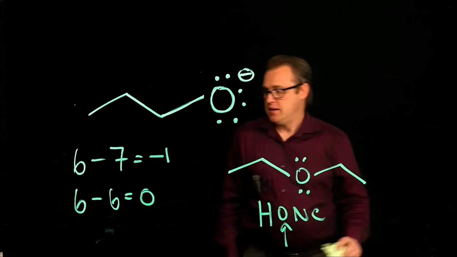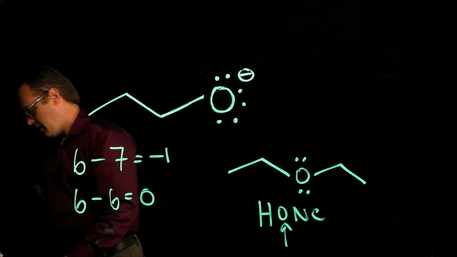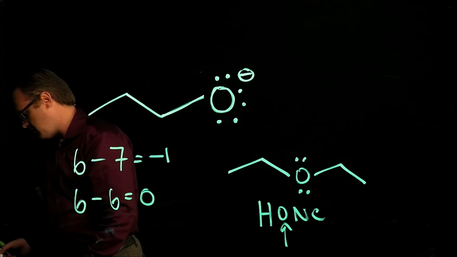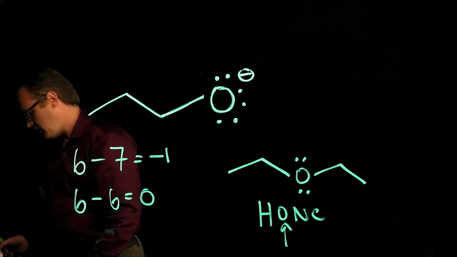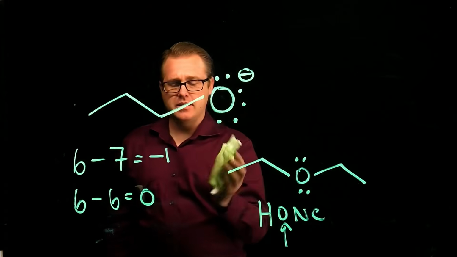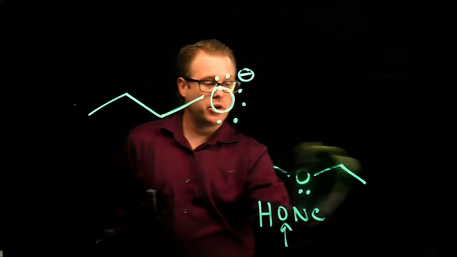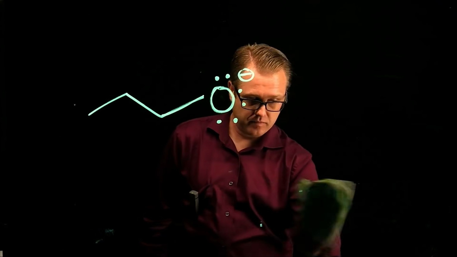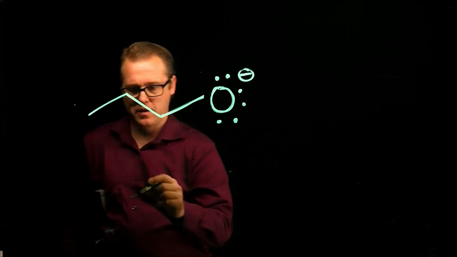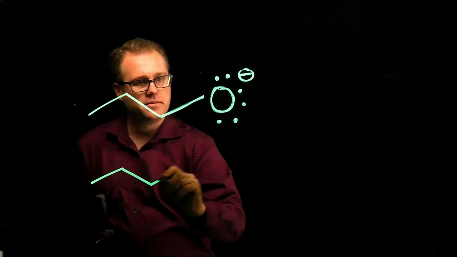All right. So let's take a look at a nitrogen species real quick. Oh, no, let's talk about this for a little bit. So you will see structures, okay, like this.